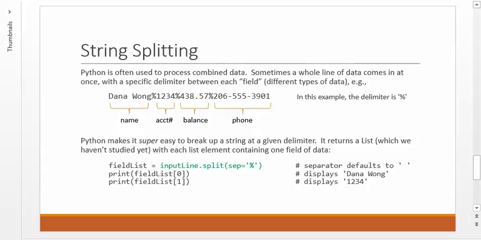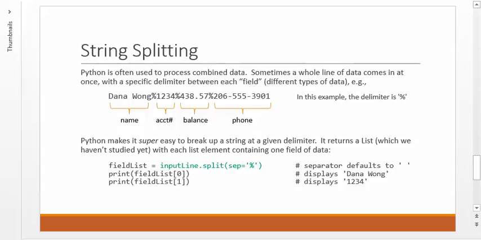This is going to be a list type variable, which you may not fully understand because we haven't studied that chapter yet, but just bear with me and I think you'll see the general idea. So we make up a variable, we say equals, then we take the data here, Dana Wong's record, input line, and then say dot split, and the parameter we want here is that we want the separator, the delimiter at which it's going to split it, to be the percent sign because that's what's used in the data above.